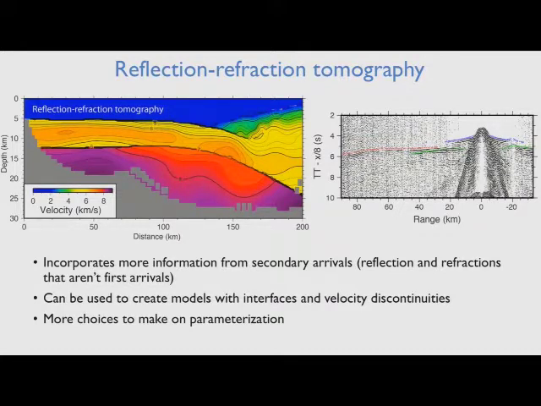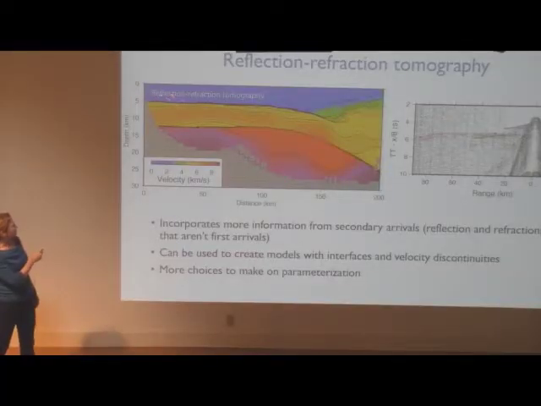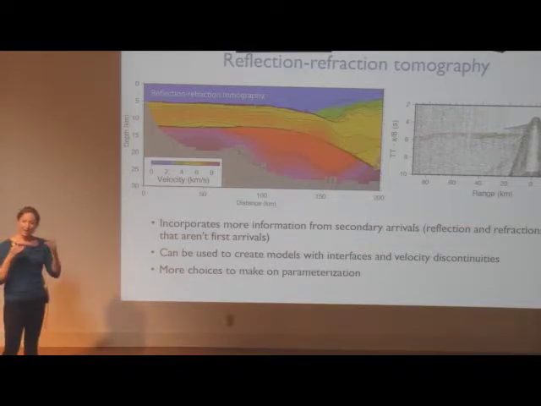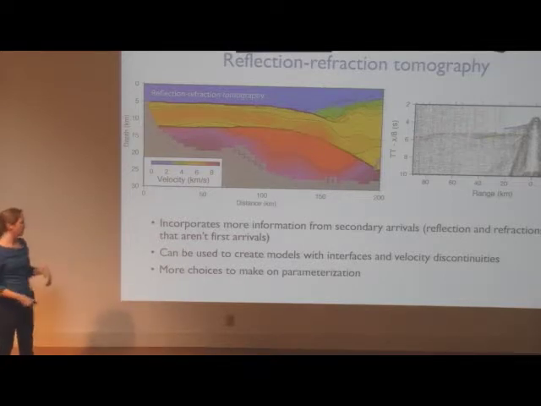We've explicitly included a sediment layer based on the reflection data. So instead of a smooth gradient from water to crust, you've got a big jump in velocity, and another big jump at the base of the crust. This is because with these reflections included, we can have a model that's not just smooth variations in velocity, but has big jumps in velocity.